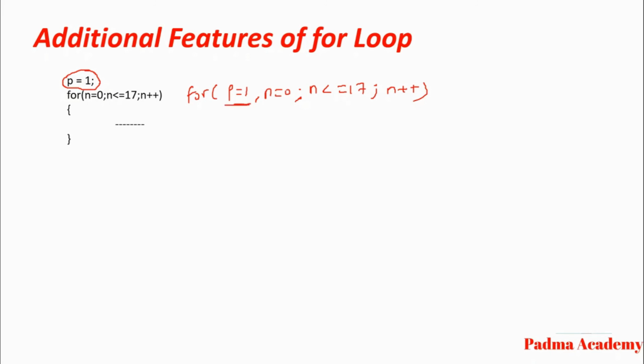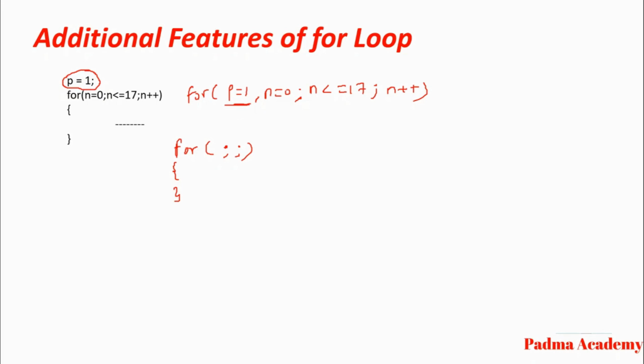Another thing, if you want an infinite loop, you can just write the for loop as this, for, and these 2 semicolons, over. This is an infinite loop, that is a never ending loop.